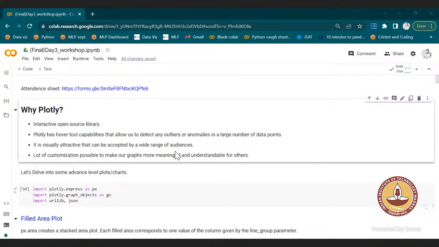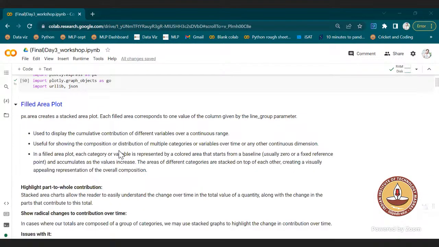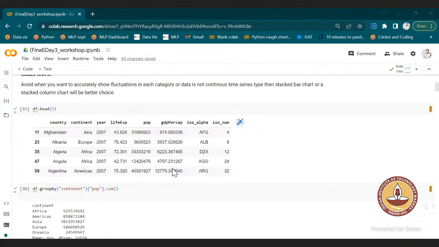But there are a few unique charts available in Plotly. So the agenda of this session is to introduce you to some charts which are a little better than the basic charts. I'll try to introduce a few charts. Why I asked was, based on how many of you have completed the MLP, I will decide how deep to go into the code.